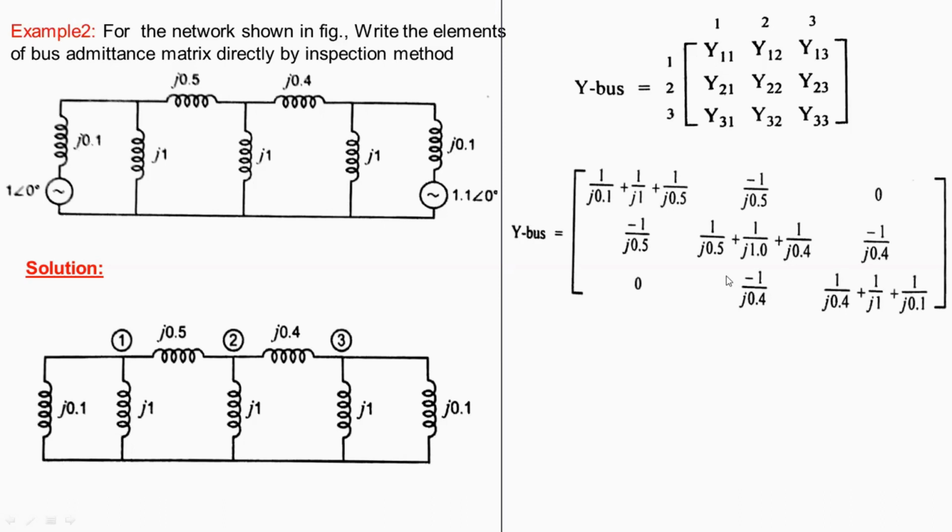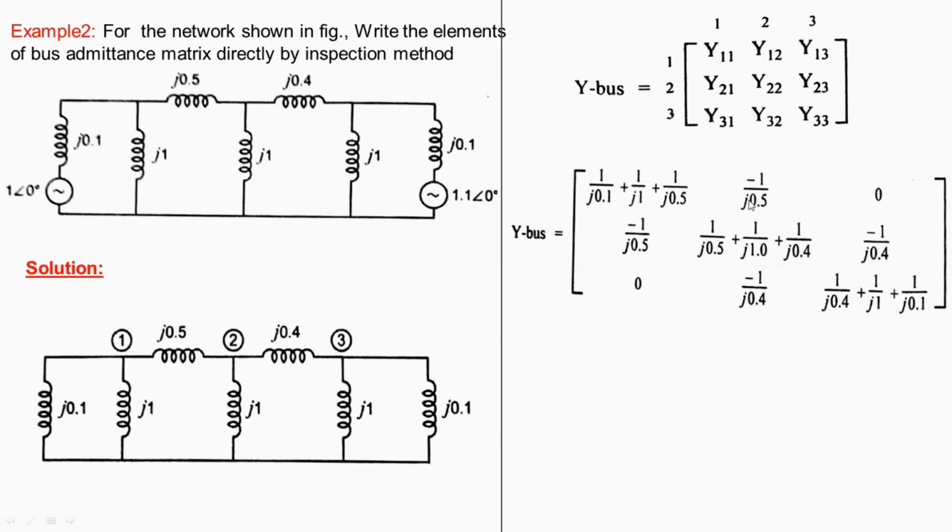Then y22, the sum of admittances: 1 divided by j0.5, 1 divided by j1, 1 divided by j0.4. This is y22. Then y33: 1 divided by j0.4, 1 divided by j1, 1 divided by j0.1. These are the diagonal elements, the self admittances.